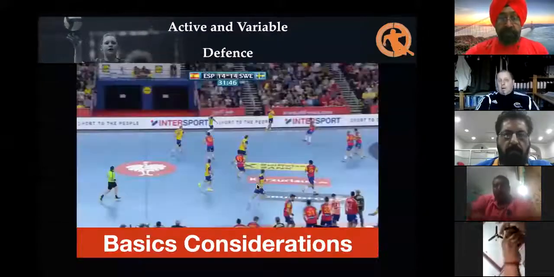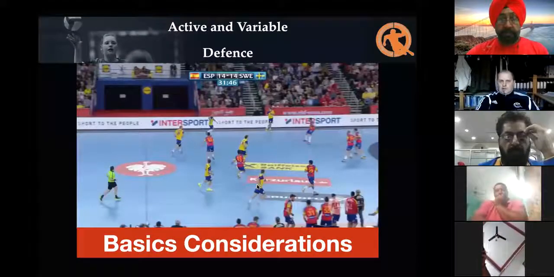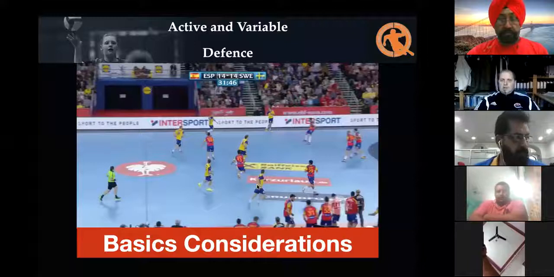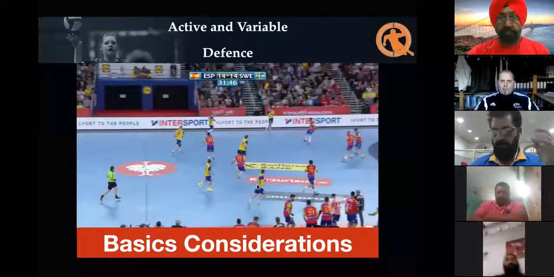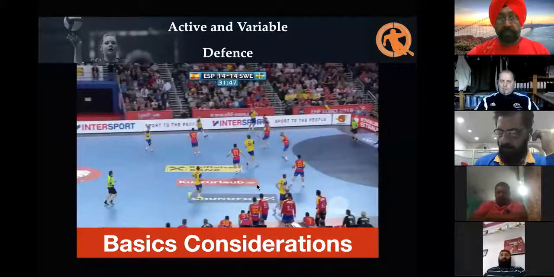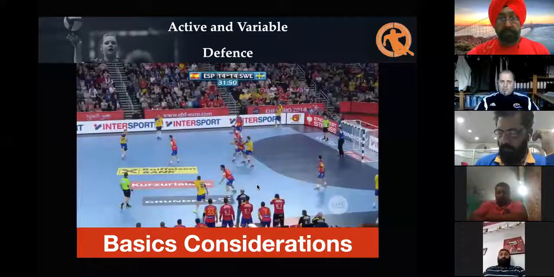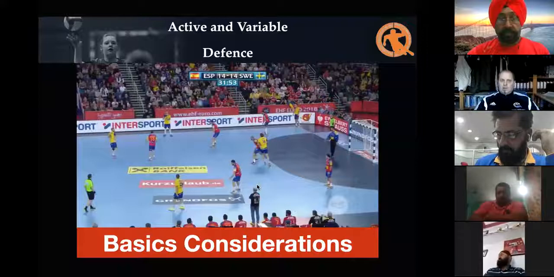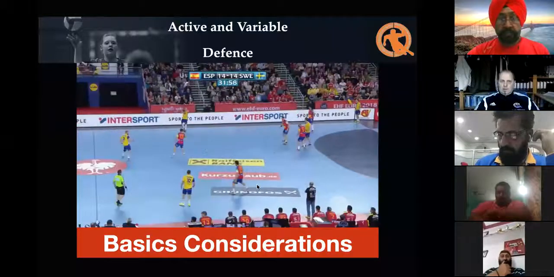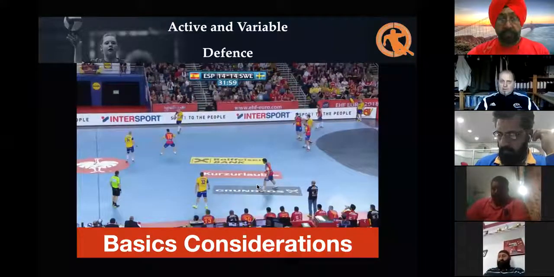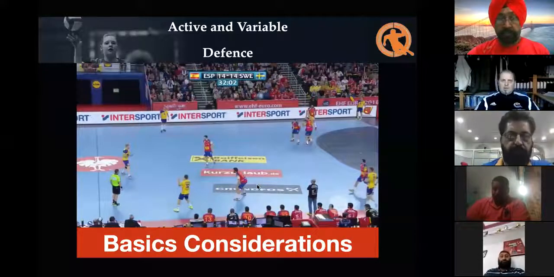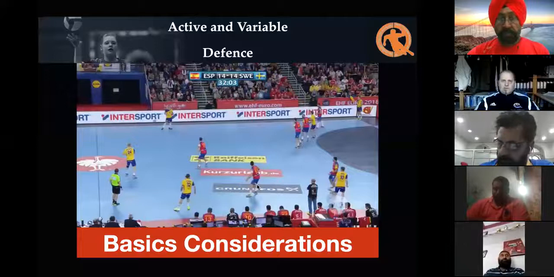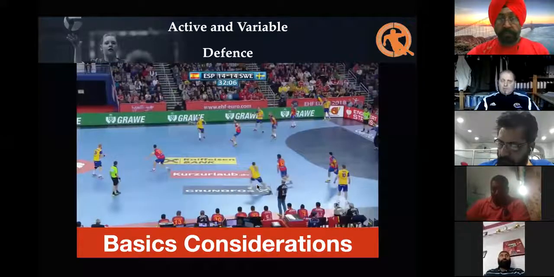So, as a different example, see the video from this game. It's final of the European Championship 2018, and you see yellow team in attack, which is Sweden, against Spanish in defense. And you see a different type of defense in that moment.